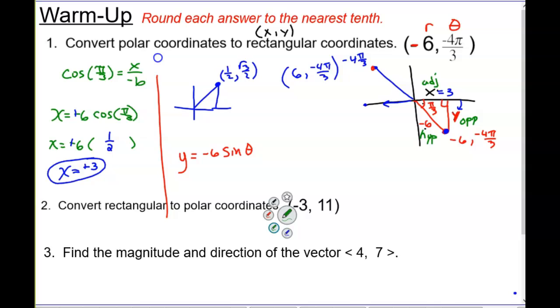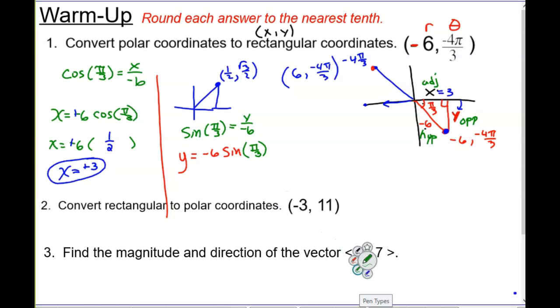So opposite over hypotenuse tells me the sine of the angle is equal to the opposite, which was y, over the hypotenuse. Now watch what happens. If I multiply by -6 over to the side, I get y equals -6 times the sine of the angle, and we know what that angle is. However you do it, I like to just go back to SOHCAHTOA.